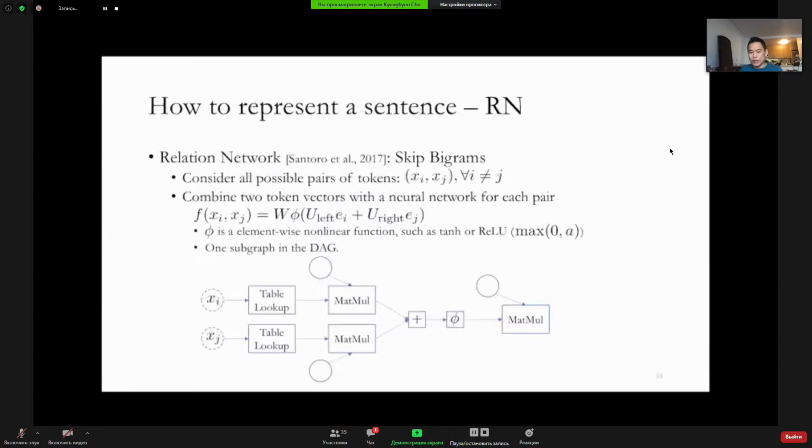Again, all we need to do is write a directed acyclic graph. For a particular skip bigram that consists of xi and xj in this sentence, we feed each one of them into the table lookup layer in order to turn them into continuous vectors. Then we apply some kind of linear transformation, simply sum them, feed it into some nonlinear function, after which we again apply a linear transformation.